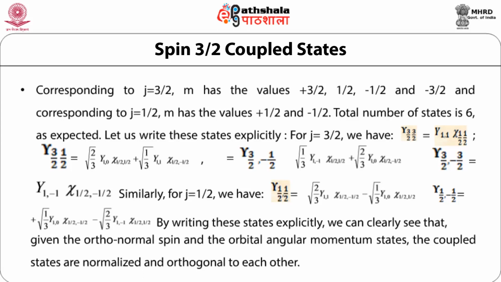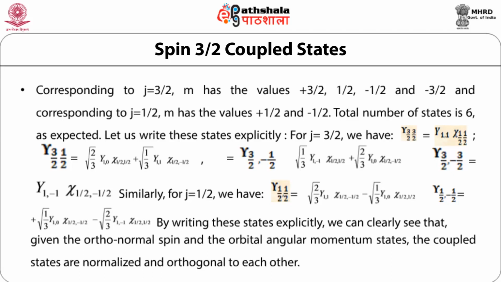The second term for the coupled state corresponding to J equal to 3 by 2 and M equal to half is given by gamma_{3/2, 1/2} equal to square root of 2 by 3 times Y_{1,0} times xi_{1/2, 1/2} plus square root of 1 by 3 times Y_{1,1} times xi_{1/2, -1/2}.